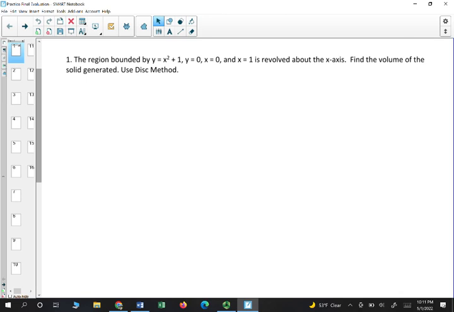We're using a disk method to find the volume of the solid generated. Okay, we have a function y equals x squared plus 1. So x squared plus 1, you'll note, is our parabola, with a y-intercept of 1.